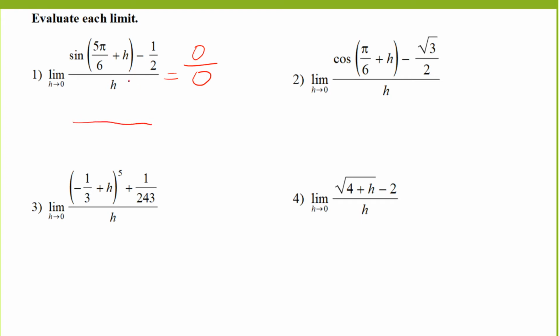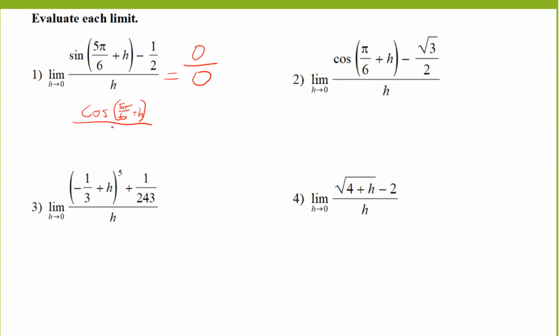Okay, so I'm going to derive the top and derive the bottom separately. Aileen, still with you? What happens when I derive the top? Okay, cosine at 5 pi over 6 plus h. So I would multiply by the derivative of the inside function, but the derivative of the inside function would be 1.